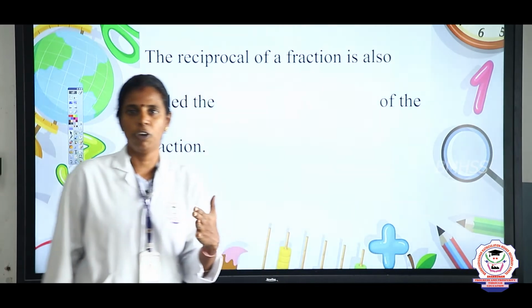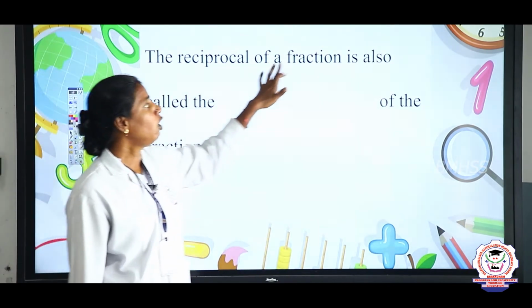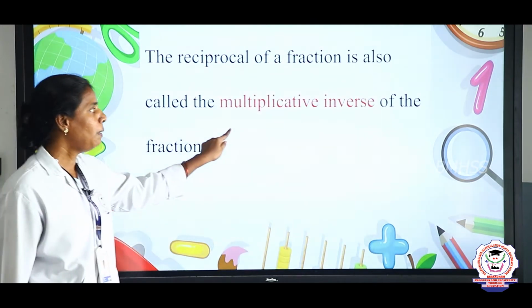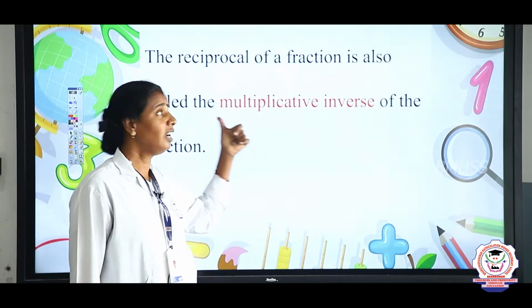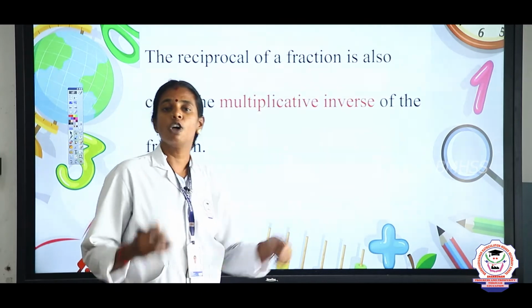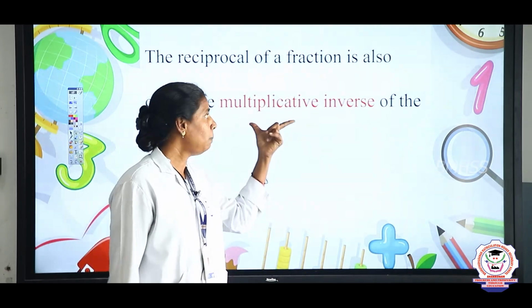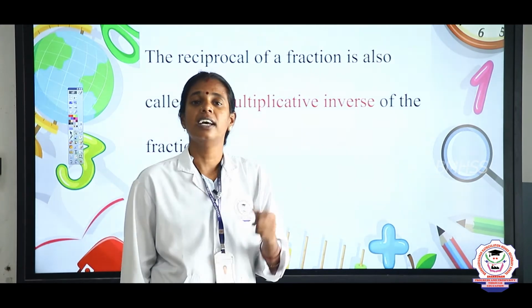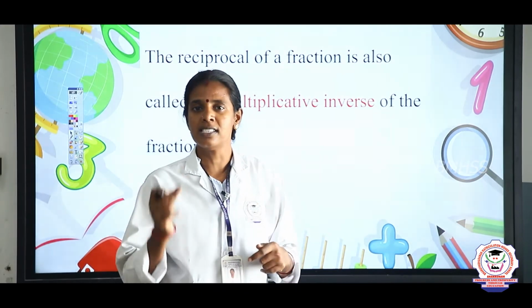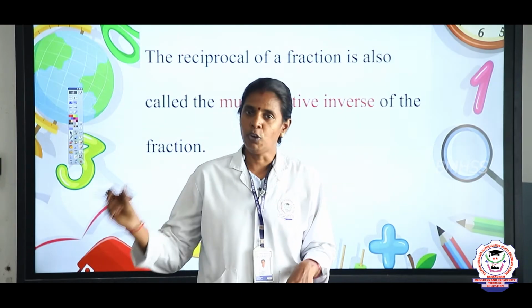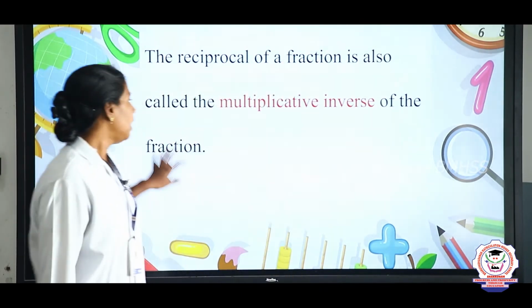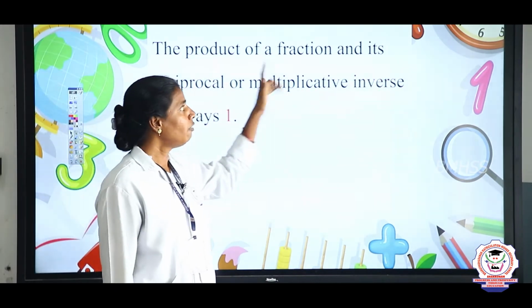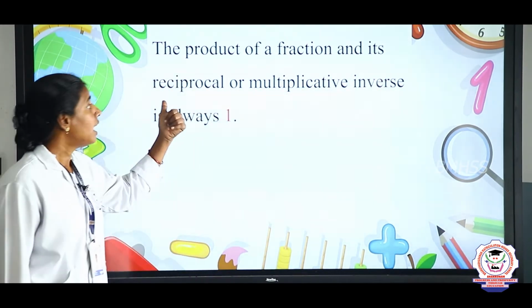Both are the same. So, you should know the other name of the reciprocal of a fraction, which is the multiplicative inverse. Is it clear? In 1 mark questions, whenever they ask, instead of reciprocal they may use the words multiplicative inverse.